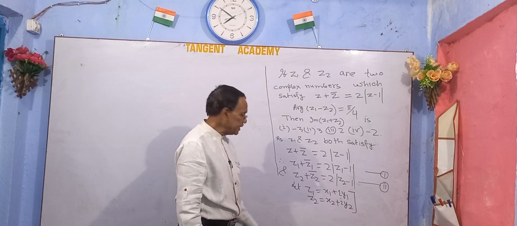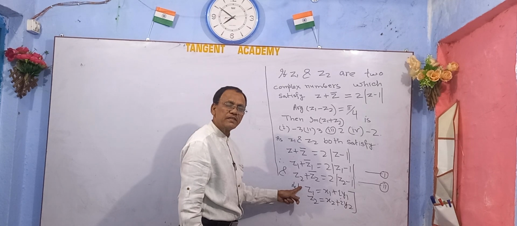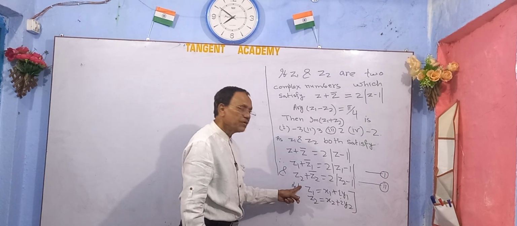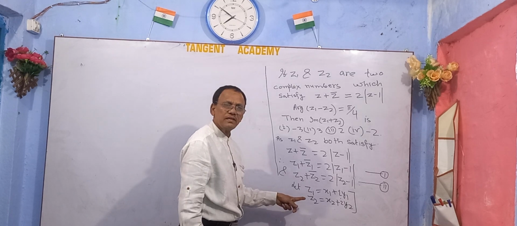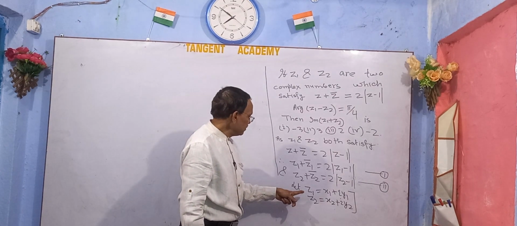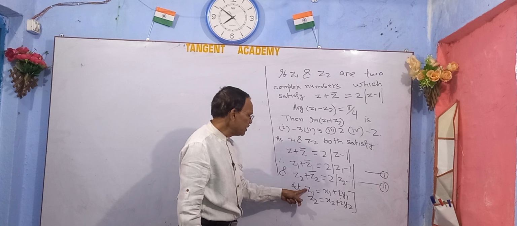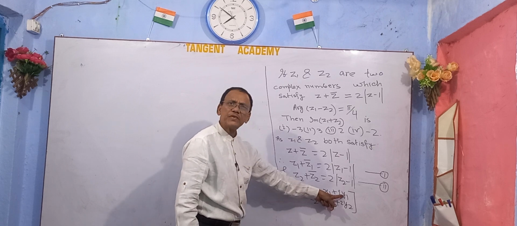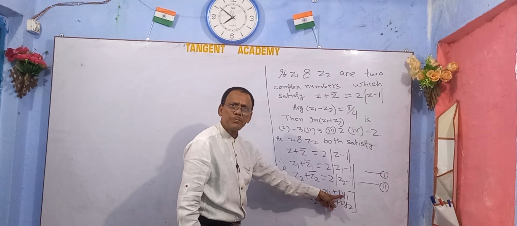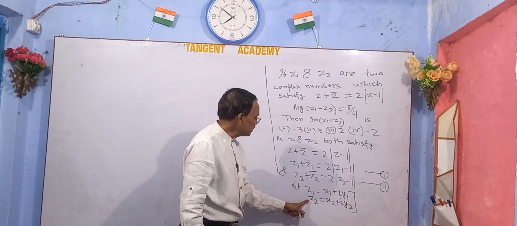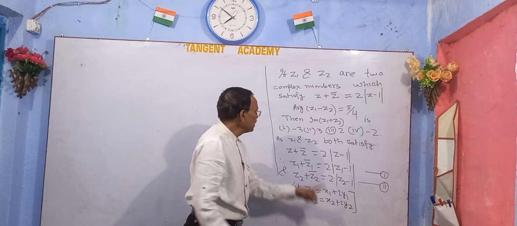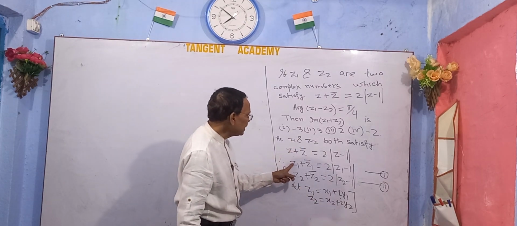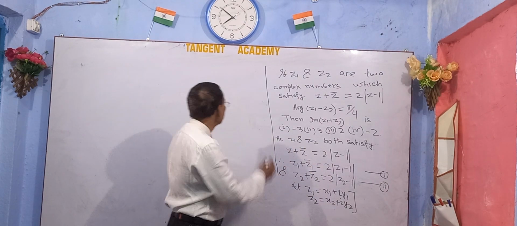We know that any complex number can be written in the form a plus ib, where a is the real part and b is the imaginary part. In this context, Z1 we can write as x1 plus iy1, where x1 and y1 are real numbers, and Z2 is equal to x2 plus iy2. Put these values in the relations obtained in 1 and 2.